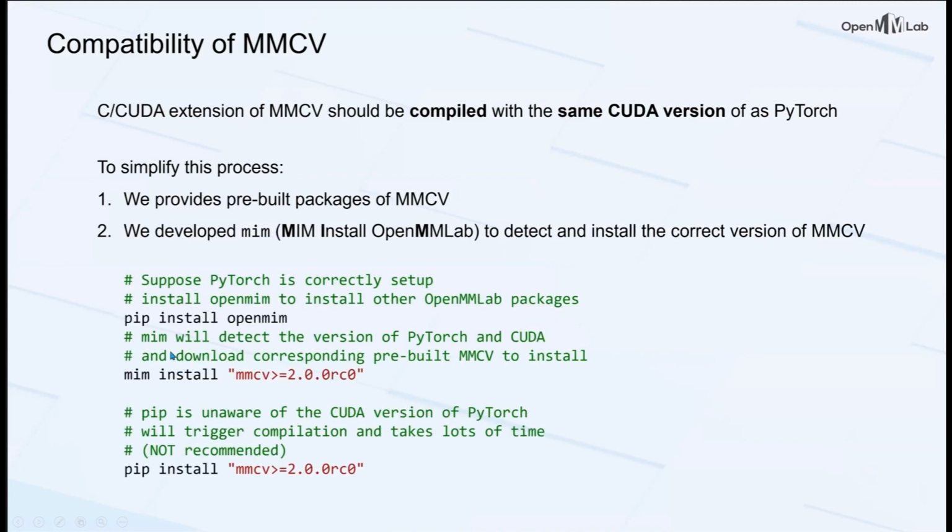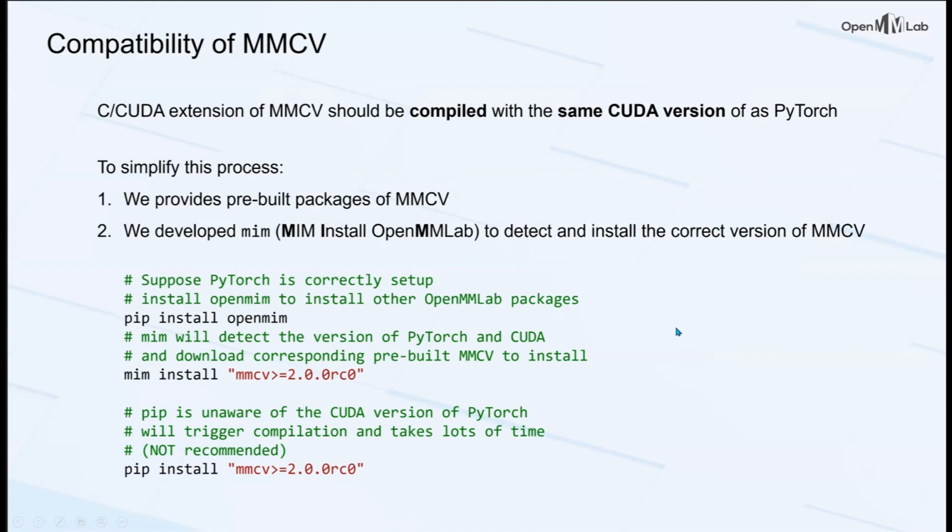MIM will detect the version of PyTorch and CUDA automatically and download the corresponding pre-built MMCV to install. And here you need to make sure to specify the 2.0 RC to install the new version. And in this installation step, MMEngine will be installed as a dependency automatically.